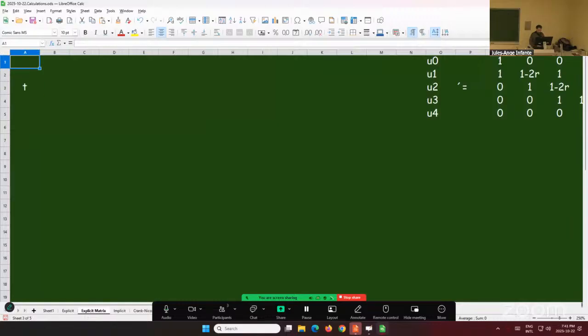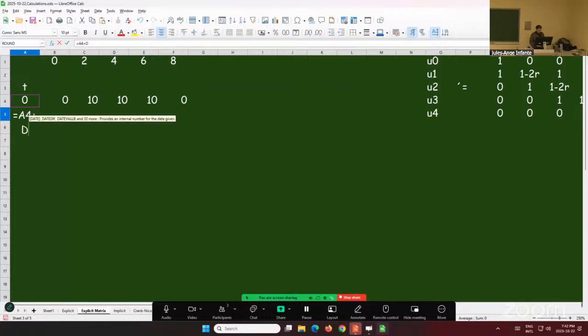We had 0 equals that plus delta z, and in terms of t and 0, we had 10, 0, 10, 10, and 0, and that's that plus delta t.